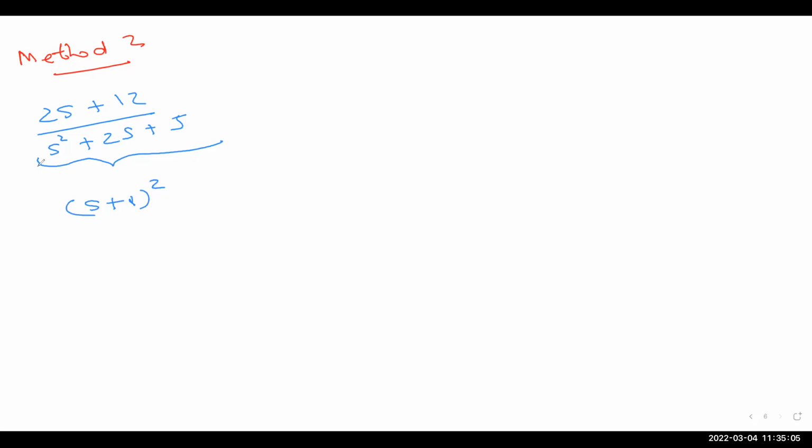So we got s squared plus 2s plus 5. To counter that, we can add another 4. So we got s squared plus 2s plus 1 plus 4. That will give us this. Everyone's clear with that? Okay.